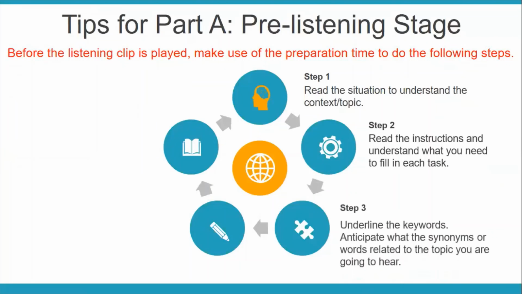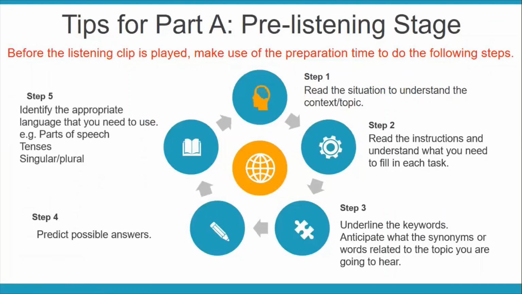Next, in step 3, you should understand all the keywords and underline them. Anticipate what the synonyms or words related to the topic you are going to hear. Then, in step 4, you should predict the possible answers. Lastly, in step 5, you should identify the appropriate language that you need to use. For example, the parts of speech, tenses, or singular or plural nouns.